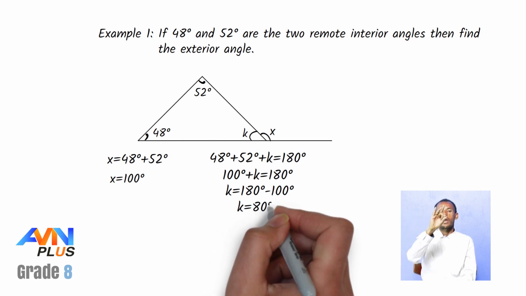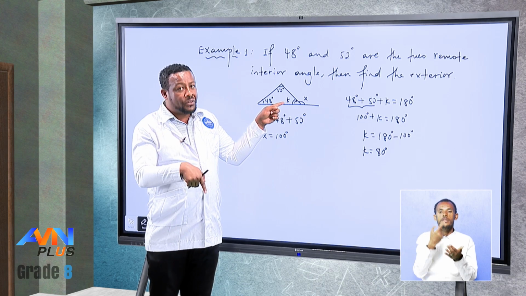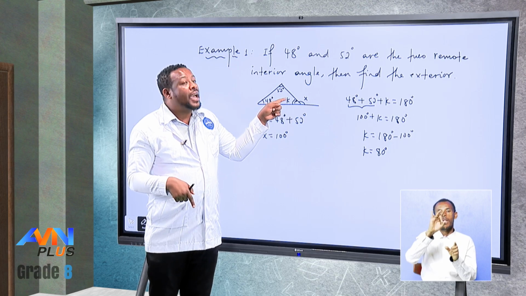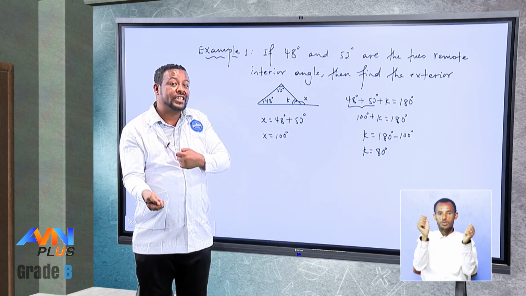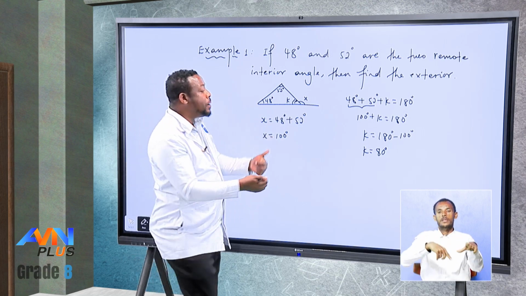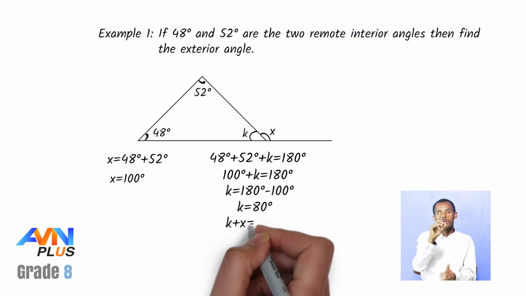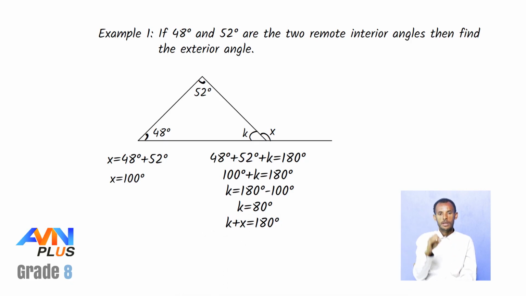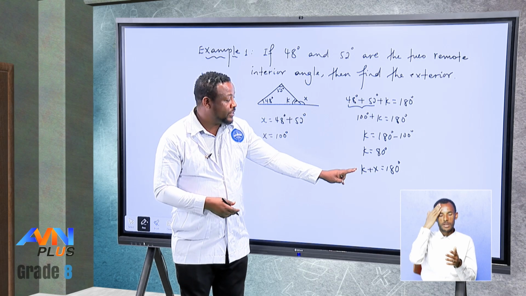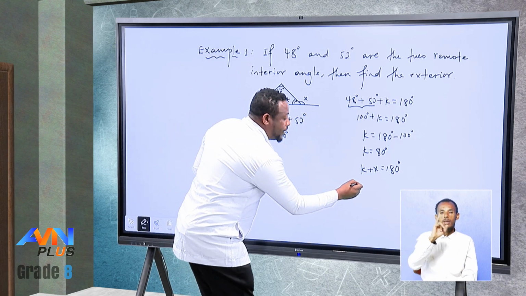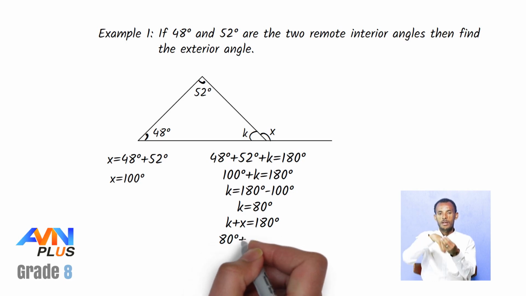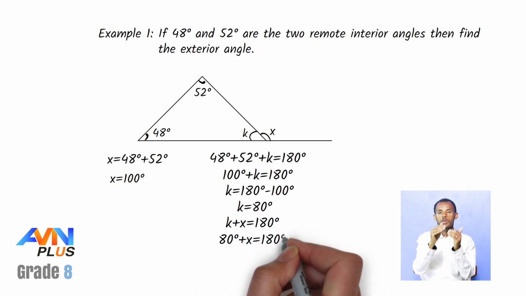Look, if this angle is 80 degrees, since K and X together form a straight angle, K plus X is 180 degrees. Since K is 80, 80 degrees plus X is equal to 180 degrees.